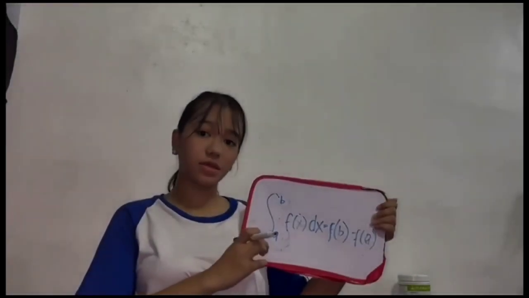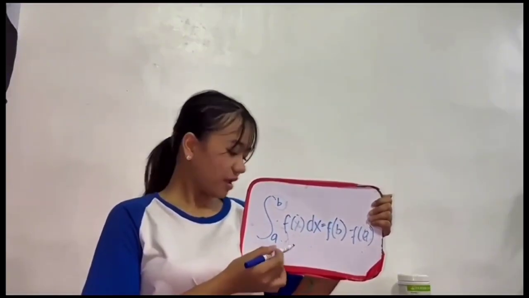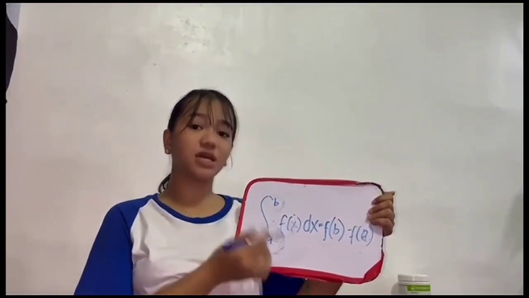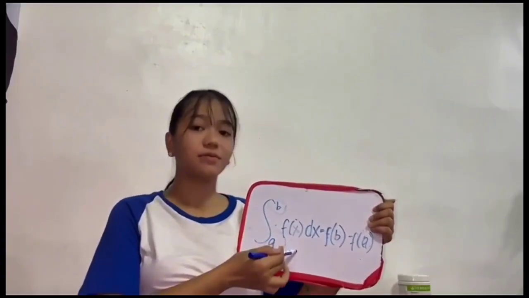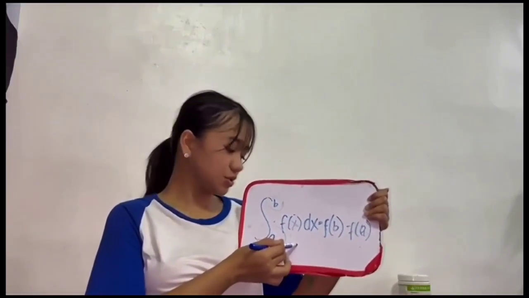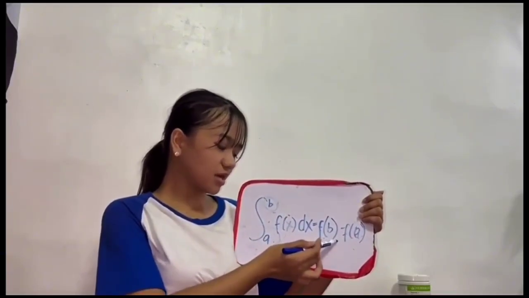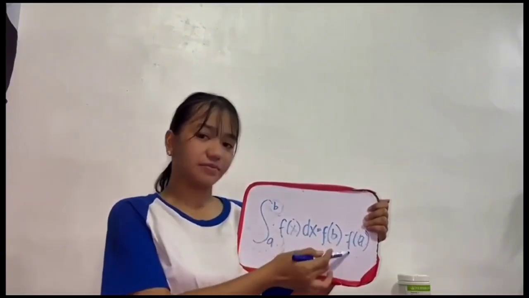So whatever the values of a and b here, we will just substitute them for x. The first thing we will use is the value of f of b, and then we will subtract the value of f of a.